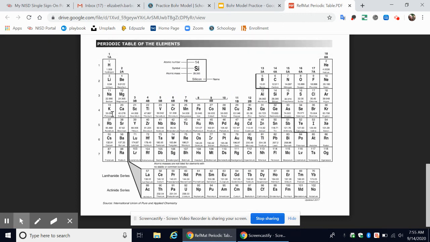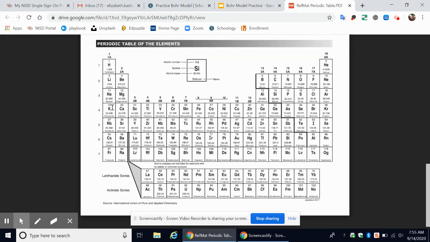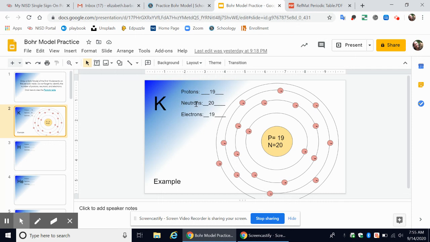We're going to round it down to 39, and we're going to subtract 19. So mass minus atomic number, 39 minus 19, that's going to give us 20. So our number of neutrons is going to be 20.